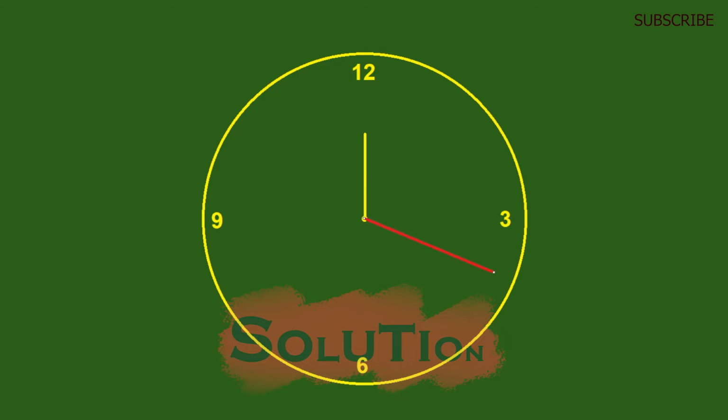When the minute hand reaches 6, it is just opposite of the first line, the yellow line, so it is creating an angle of 180 degrees.